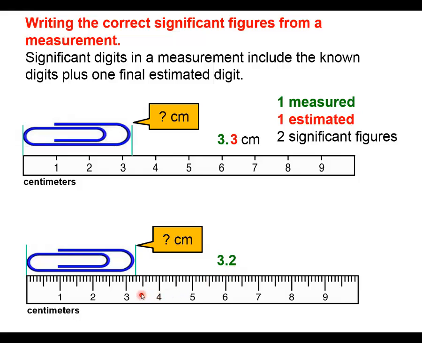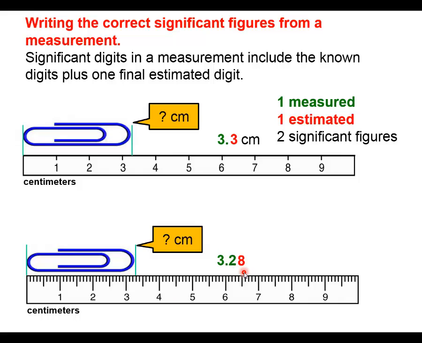But I can estimate between the lines. So between my lines here that are much smaller, tenths of a centimeter or millimeters, I can estimate by mentally thinking about 10 divisions. So I'm thinking here, well, this looks like it's close to maybe 3.28. So my last estimated digit is my last significant figure. There's some uncertainty there.